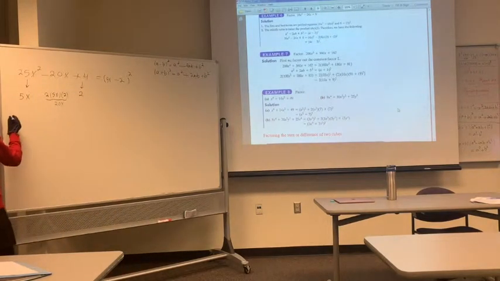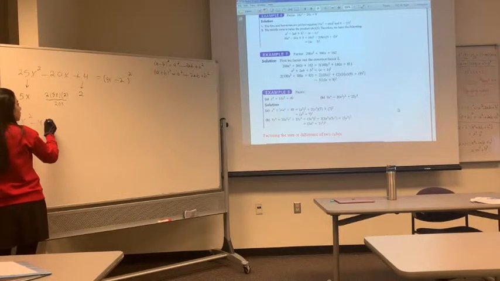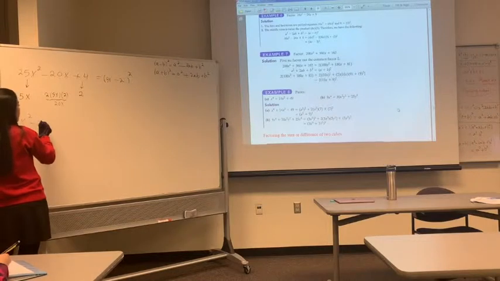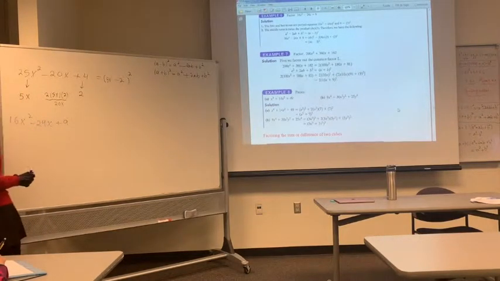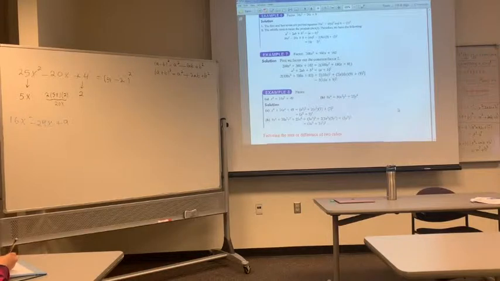So the next question is 16x power 2 minus 24x plus 9. First you will check the first term and the last term to see if they are perfect squares. Okay? So what is that? 4x.